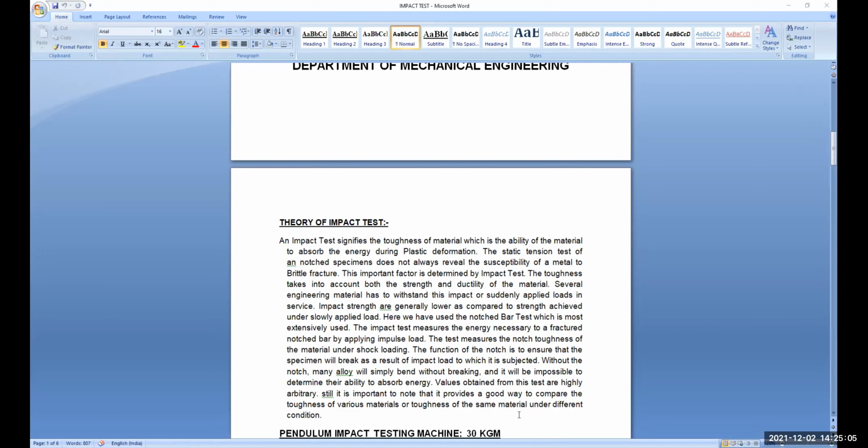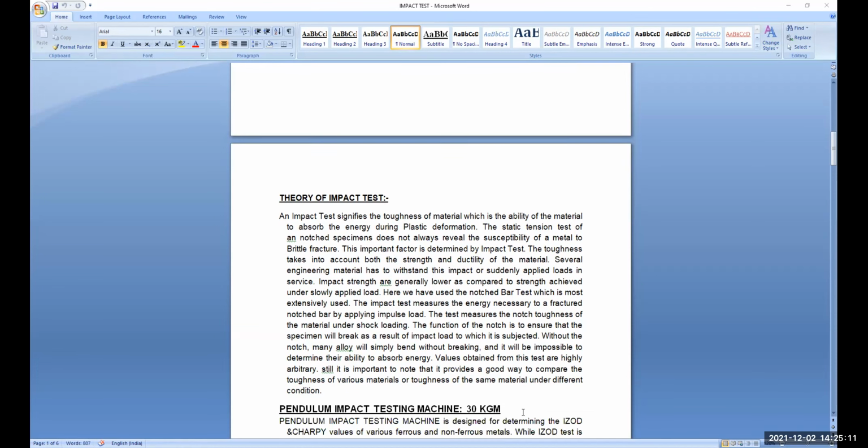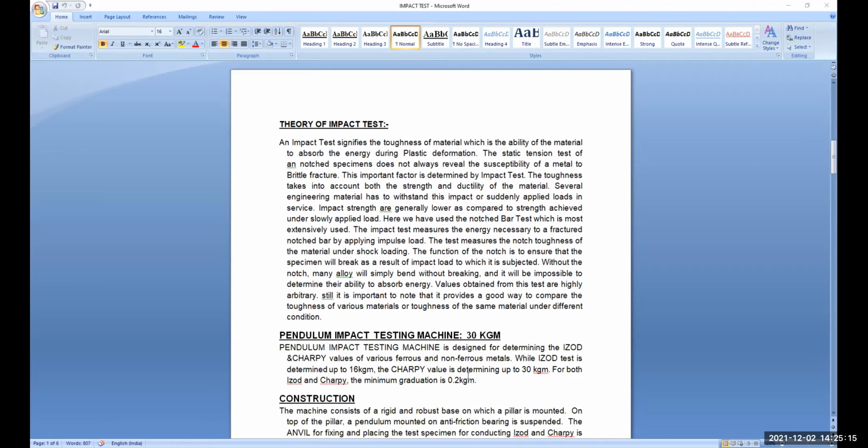Here we are applying the load by impact, meaning suddenly applied, by striking the workpiece with the hammer. The pendulum impact testing machine which we are using here is of 30 kg-meter capacity.